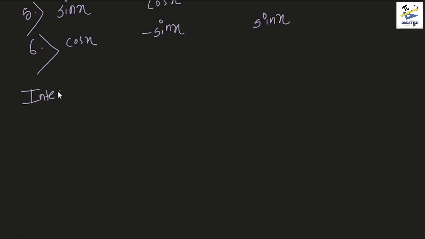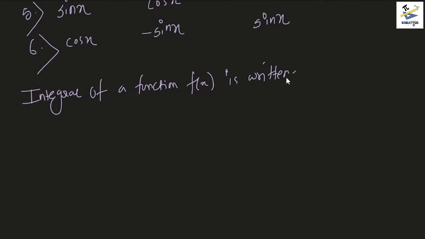The integral of a function f of x is denoted by capital I, and the integral of the function f(x), obviously the variable is x, will be denoted by f(x) into dx.